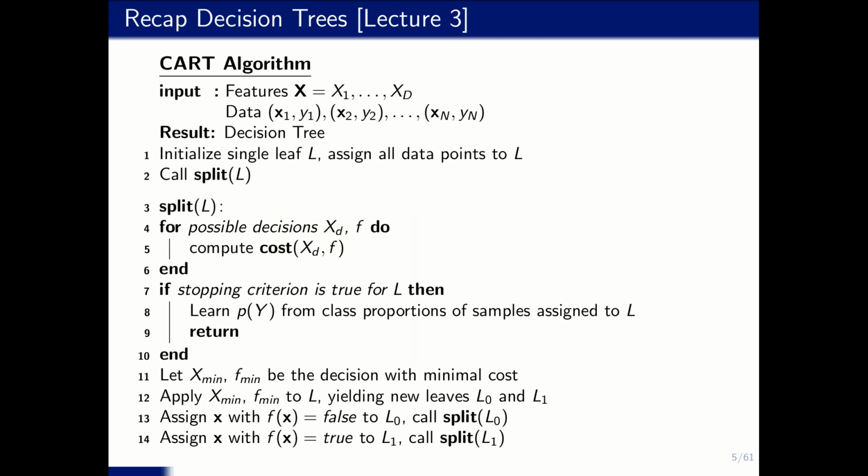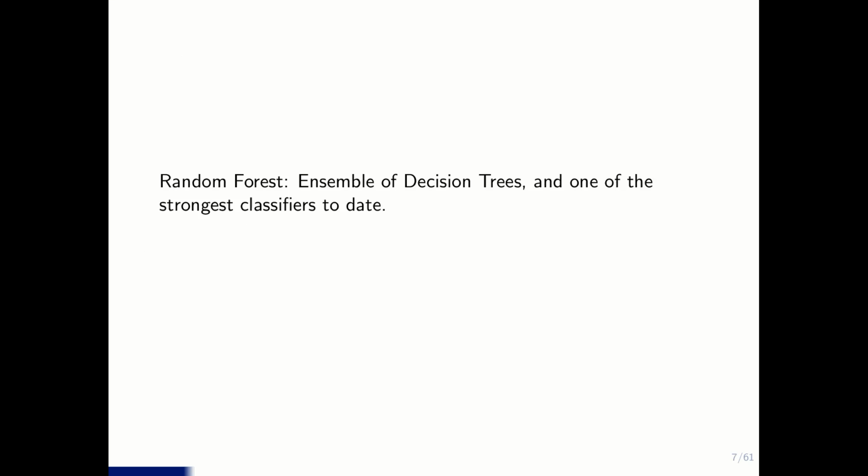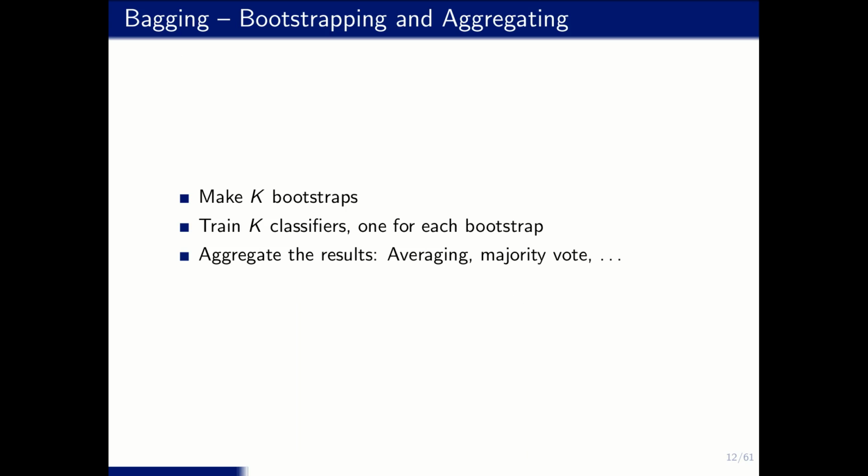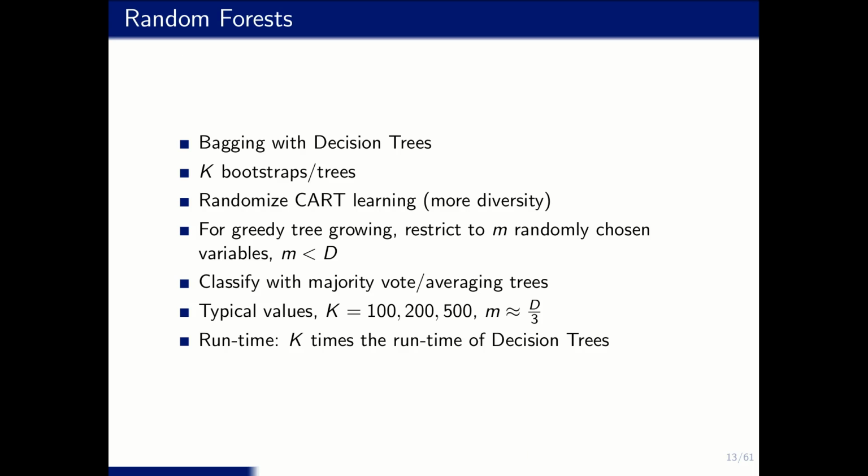Rather than doing it for all features, we now take a random selection of these features. In particular, instead of taking all features, we now take only m randomly chosen features, and m is smaller than the number of features. Typical values are that we take about a third of the features. So each of these CART training algorithms is now also randomized by the variables it considers in each iteration.